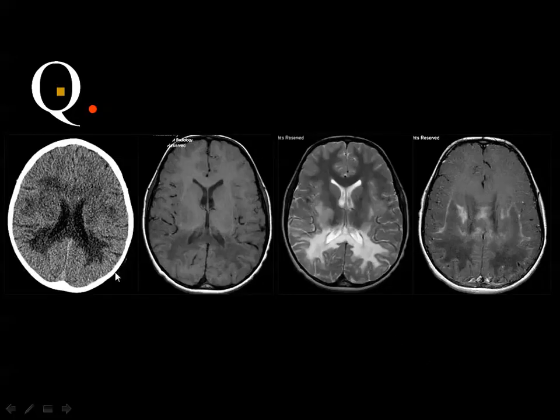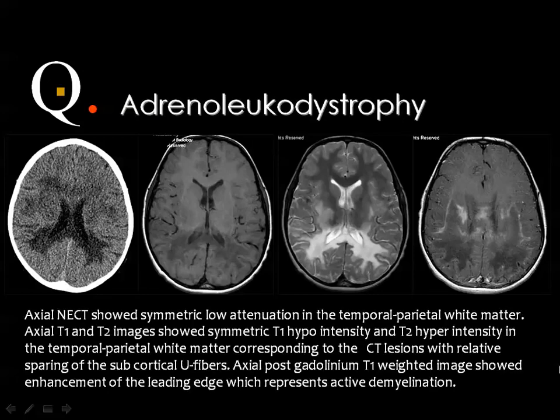CT, axial T1, T2, and enhanced MRI of the brain. Adrenoleukodystrophy. Yes, but you should say that there is bilateral symmetrical white matter abnormality located posteriorly around the trigone and occipital horns of the lateral ventricles.